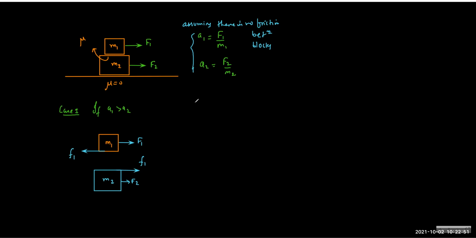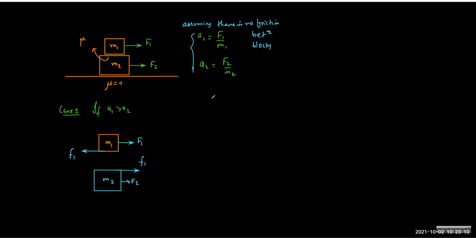So you have to draw the FBD as per the situation. You will assume this is more than that, or if the values are given numerically, you can calculate and understand the answer. Now the question is, what if I assume incorrectly? The answer is nothing will happen.